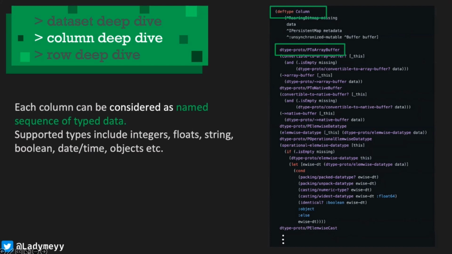Now, here's the thing. When I said named sequence, maybe some of you thought, wait, like a lazy sequence, like a regular sequence? And the thing is that nothing here is just a simple sequence or just a simple map, because the efficiency comes from the usage of this array buffer.